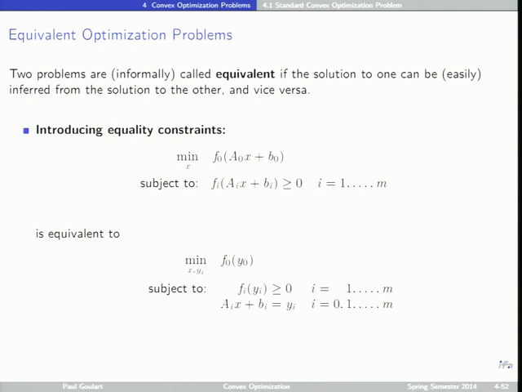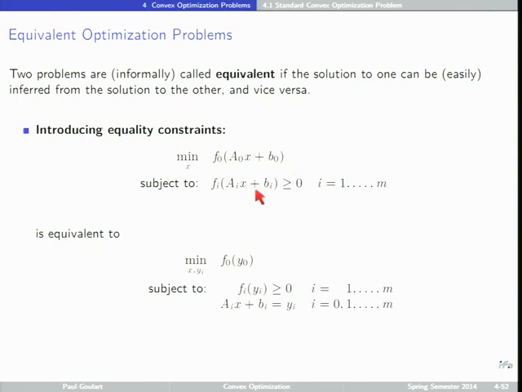So I'll give you two examples of this, two easy ones, because they're ones that get used a lot. First of all, suppose that you have a function like minimize f0 of this affine function of x. So it's not f0 of x, but it's f0 of an affine function of x. This is a composition of an affine function with a convex function, so the objective is still convex. And likewise here.